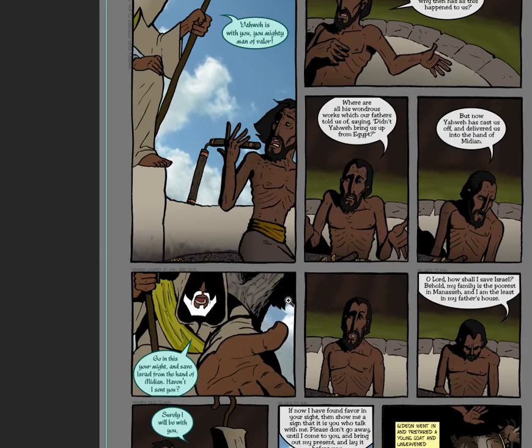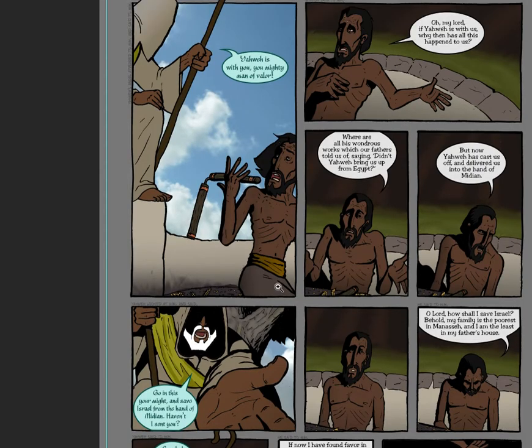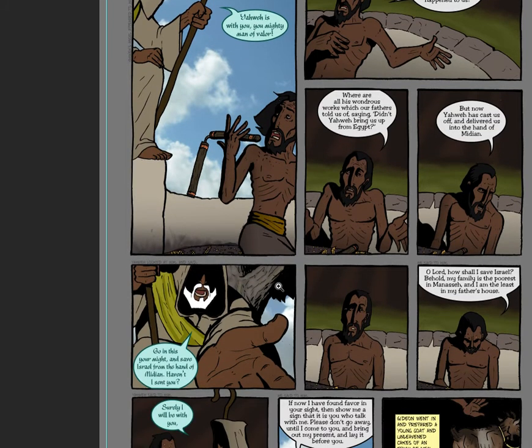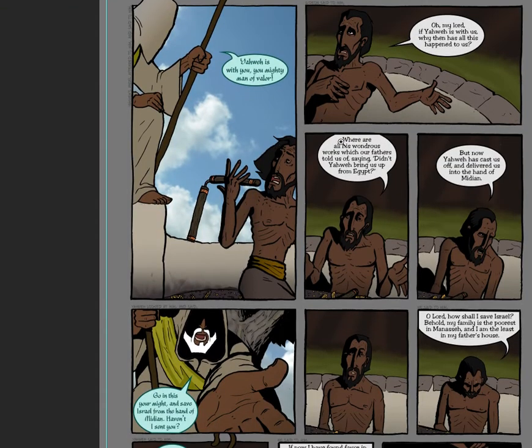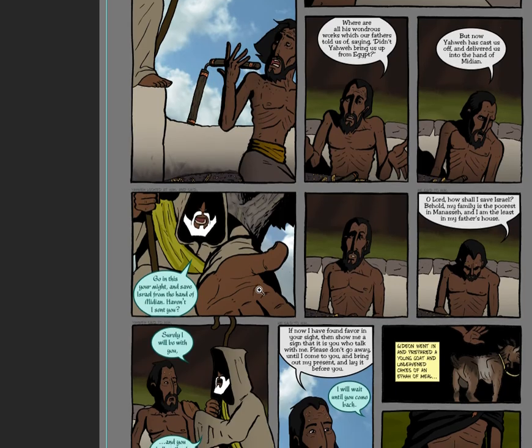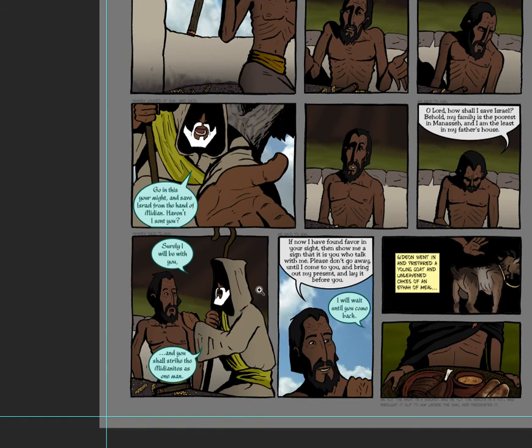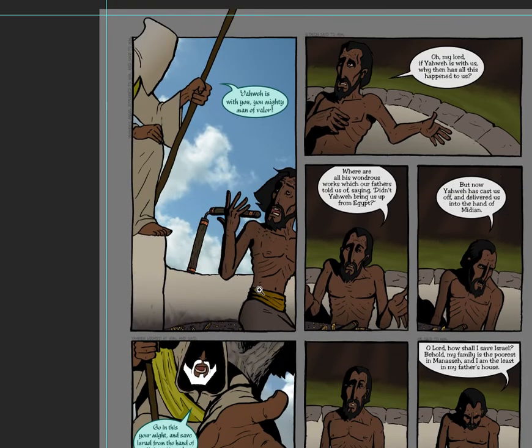The idea is that it shows that the angel and God and Jesus and the Holy Spirit are not limited to three dimensions, and the boxes in the comic, which is normal for comics, represent the limitations of the real world, so they don't come out of the panel normally, but the angel does. So I've used this in a few different ways. In Joshua, he even reaches through into different panels and stuff like that, but you get the idea from this one, so I'll shut that down.